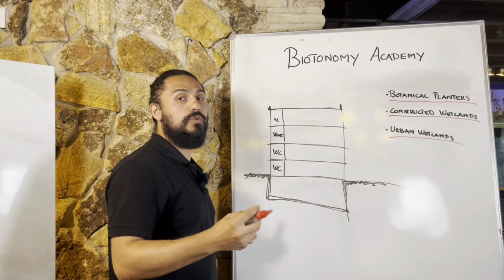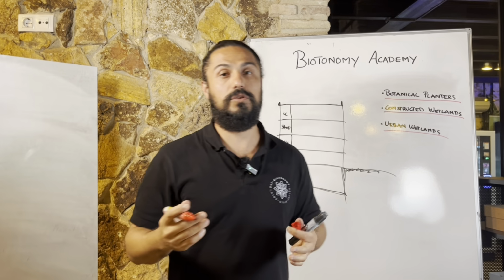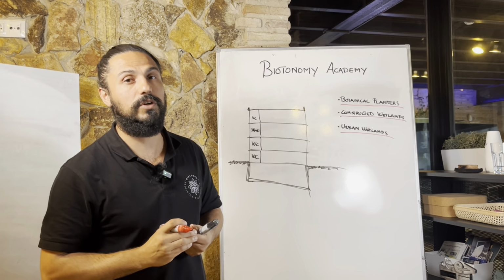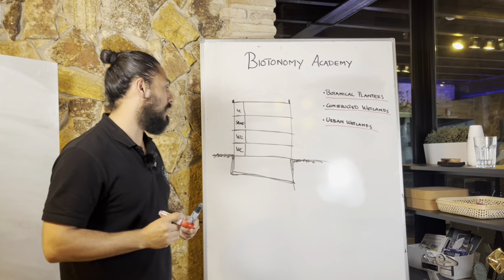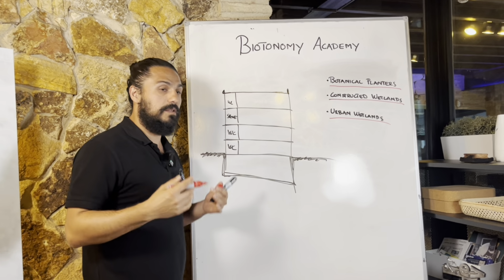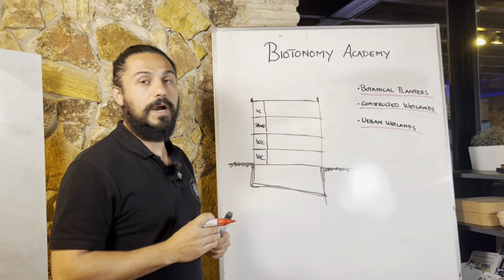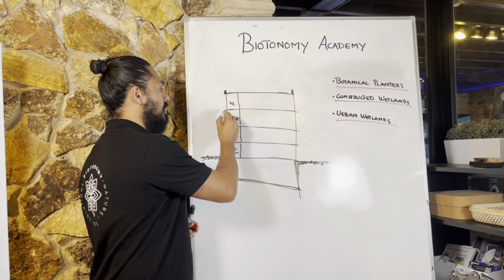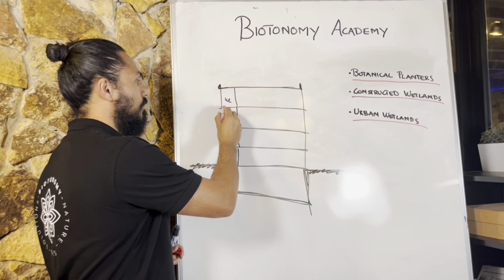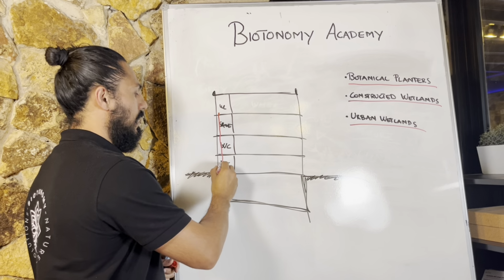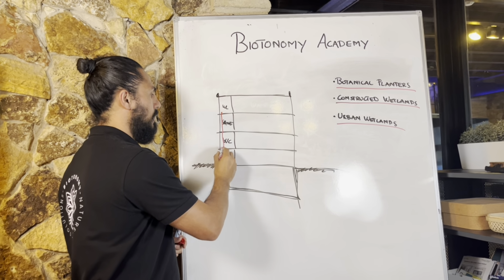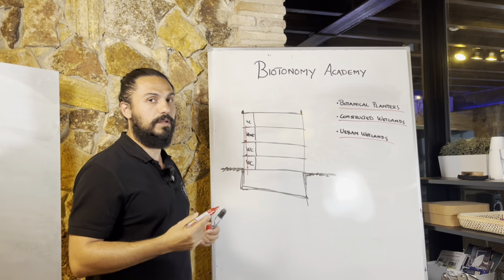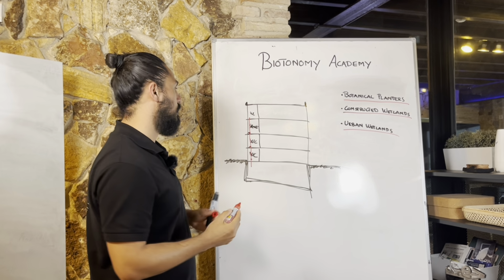Now, you can do this on existing buildings, but you can also do it in new development. It's much easier to do it on new development, but if you're renovating an old high-rise building, it's very easy to implement this. So you basically take the wastewater from all the floors. And you don't necessarily need to separate it because we're using a constructed wetland.